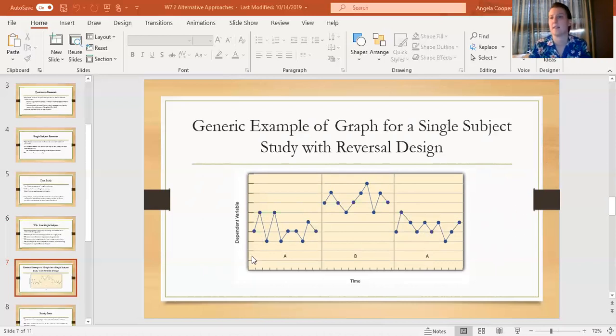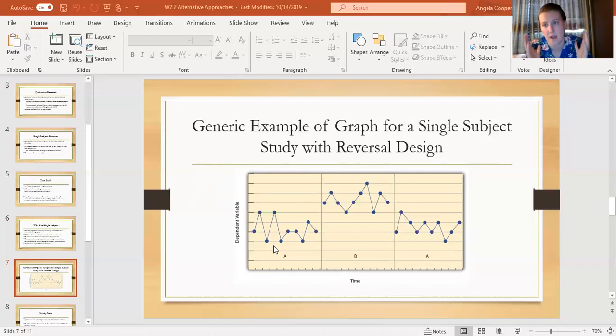Each point could be the number of times, if you're trying to get someone to stop banging their head against a wall, that they are sitting in their seat quietly, or the number of times that they are seeking attention through other methods.